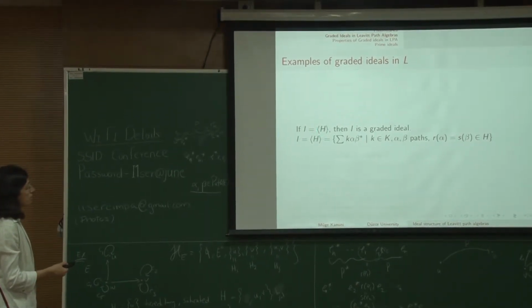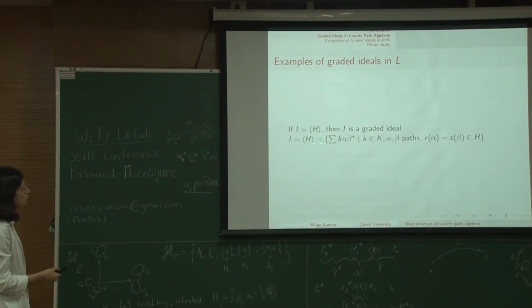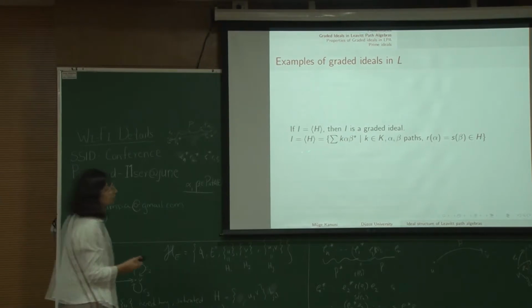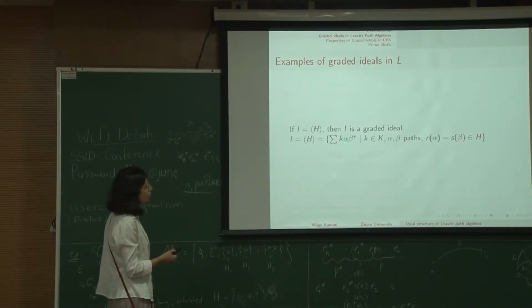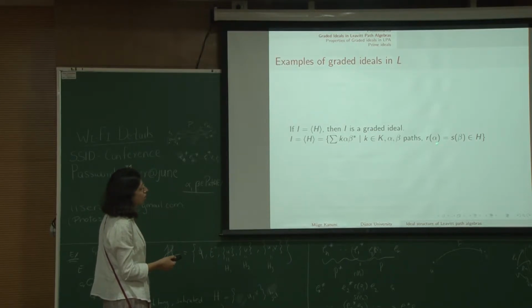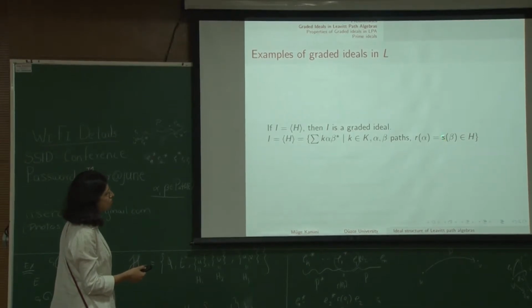Now, if I take any hereditary saturated subset, the ideal generated by that will be the ideal of the form alpha beta star hats, where the range of alpha is equal to the source of beta. That's a mistake. This should be the range of beta.